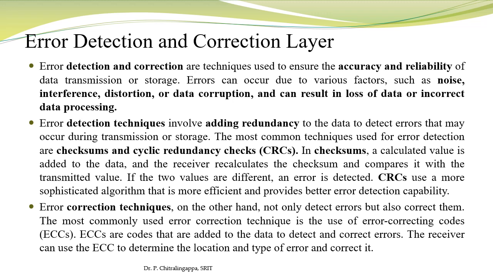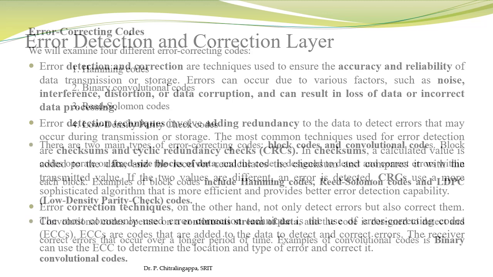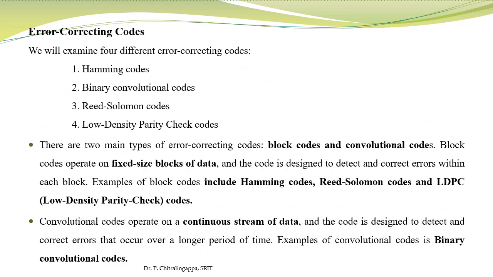Error correcting codes include Hamming code, binary convolution codes, Reed-Solomon codes, and low density parity check. We are focusing only on Hamming codes here. There are two main types of error correcting codes: block codes and convolution codes. Block codes operate on a fixed size block of data, and convolution codes are used for a continuous stream of data.